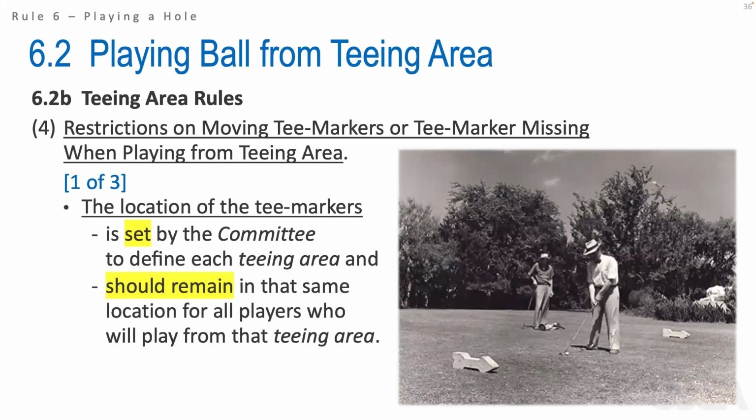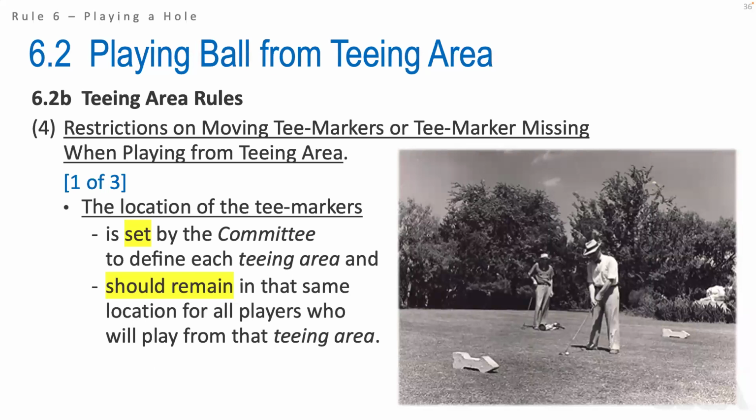So like I briefly mentioned, there are some restrictions on moving tee markers. We'll see here what might happen in that case, or if a tee marker goes missing. You come up on a teeing area and the tee marker's not there. Like I said, the location of the tee markers is set by the committee, and they define each teeing area.